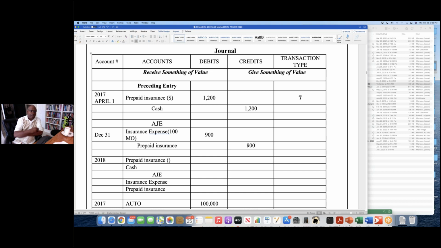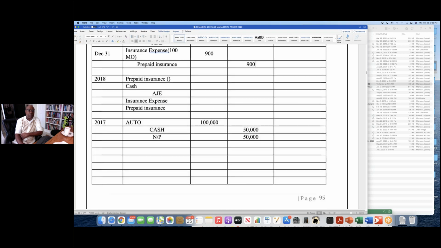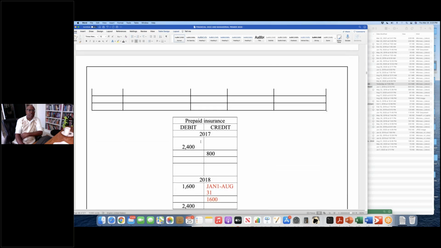Okay, so we debit prepaid insurance and credit cash on April 1st. It expires at the rate of $100 a month, and so 900 of it's gone. In the T account, we put 1,200 in it, 900 expired, and therefore we had 300 left.